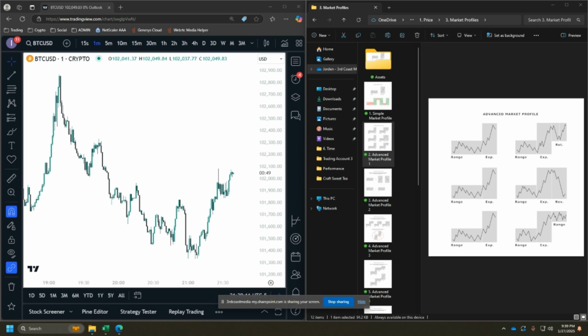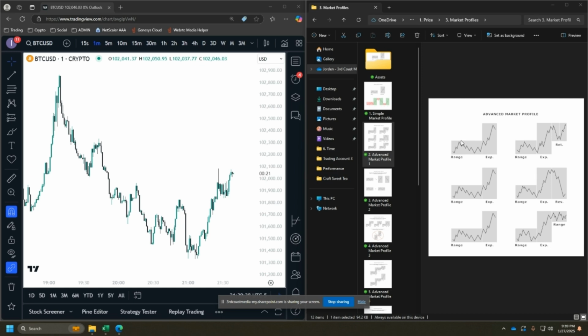So a market profile ordinarily begins with a range that leads to an expansion. So in this graphic here, you can see we have three different scenarios. And these are the only three possibilities, logically speaking, based on the framework that we've created.